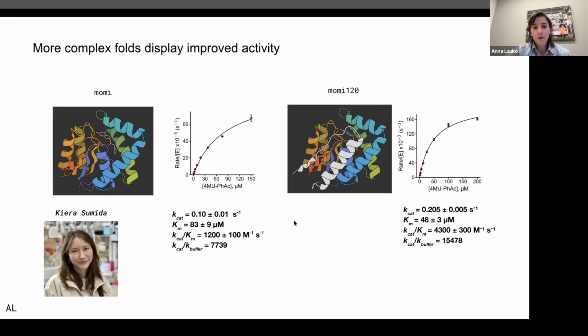So we were really excited about this, and we were happy to see some more respectable enzymes being generated.